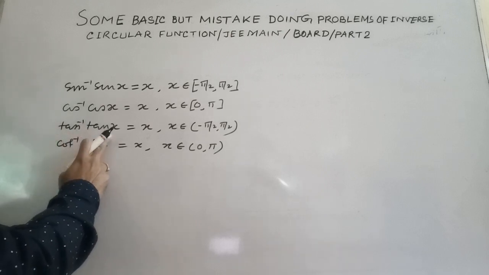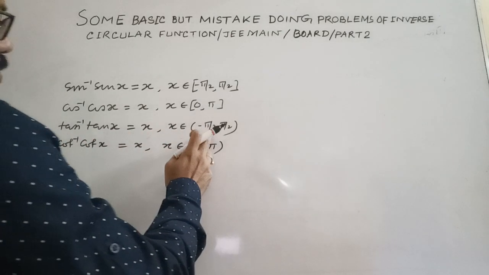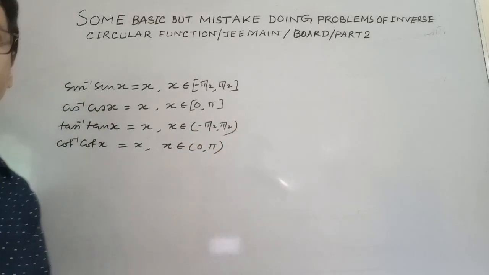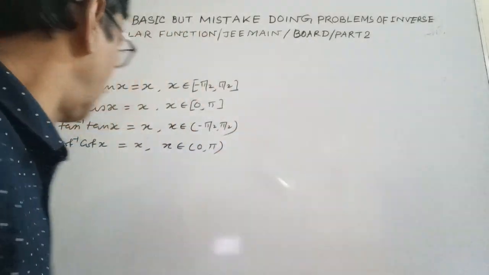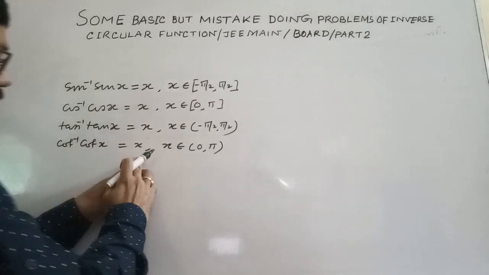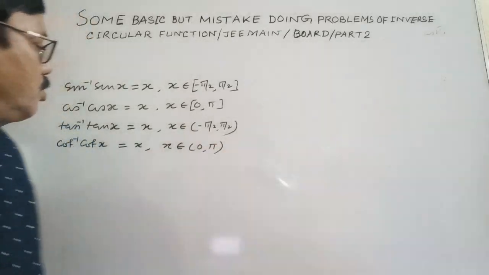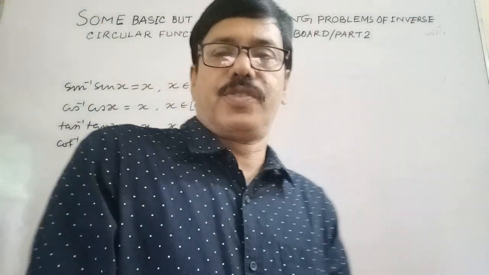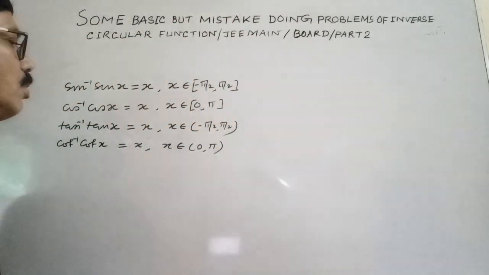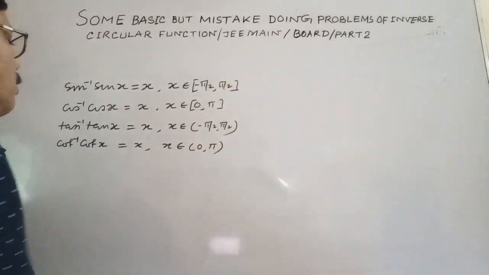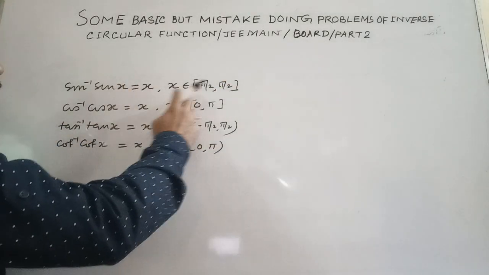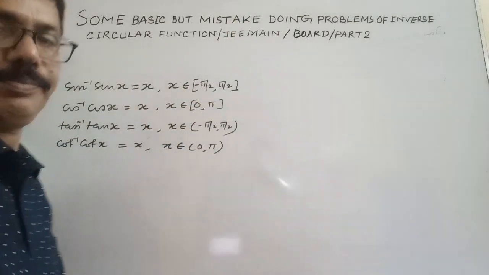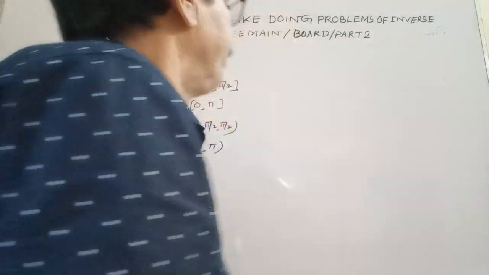Tan inverse tan x equals x if x belongs to the open interval minus pi by 2 to plus pi by 2. And cot inverse cot x equals x if x belongs to 0 to pi. Similarly for sec inverse x, the principal value is 0 to pi excluding pi by 2, and for cosec inverse x, it is minus pi by 2 to pi by 2 excluding 0.